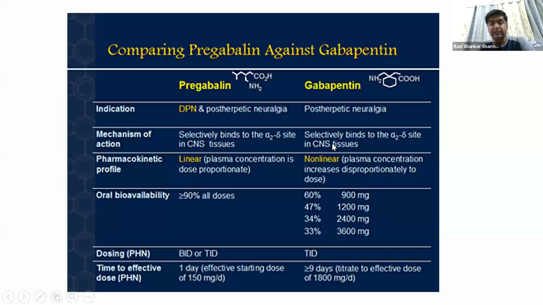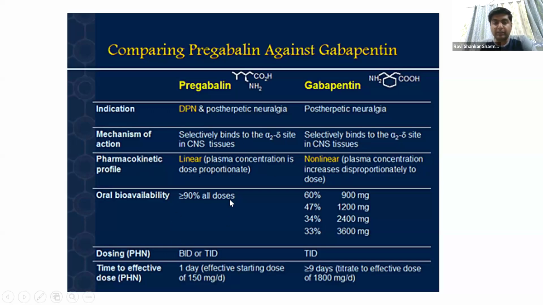Okay. One thing I would like to discuss with the exam-going batch: you must know the difference between pregabalin and gabapentin. The important point to remember is the pharmacokinetic profile. Pregabalin has a linear pharmacokinetic profile, that is, the plasma concentration is dose dependent. While gabapentin has a non-linear profile, that is, plasma concentration increases disproportionately with the dose. Okay.